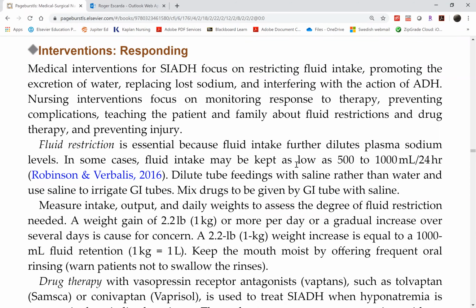So that means we can only encourage them to replace what their body is able to get rid of. So if the kidneys made 400 ml yesterday, then their fluid intake must start at 400 ml today and a few more though, because we know that we do lose water by other means, not just through the urine.